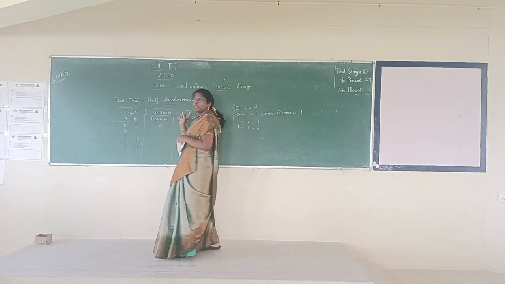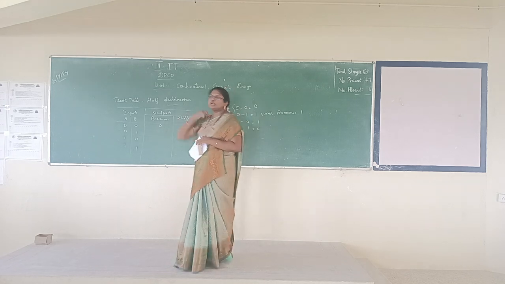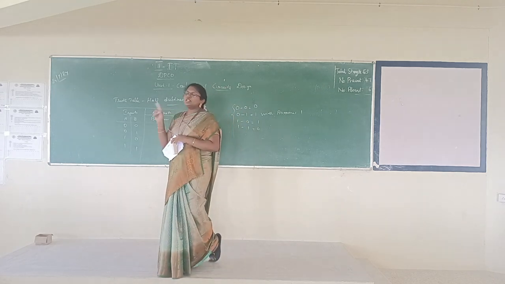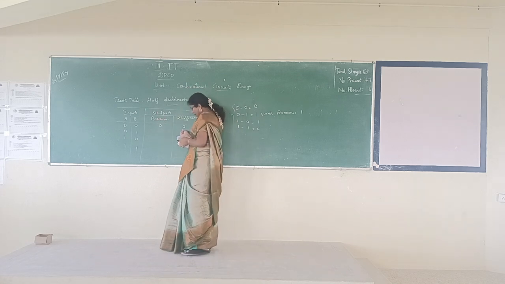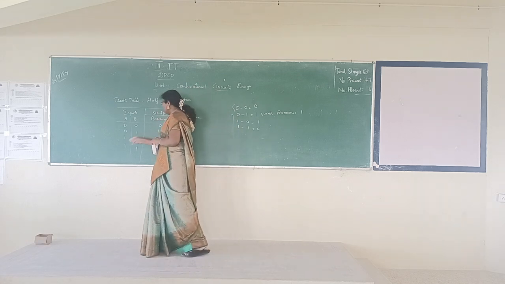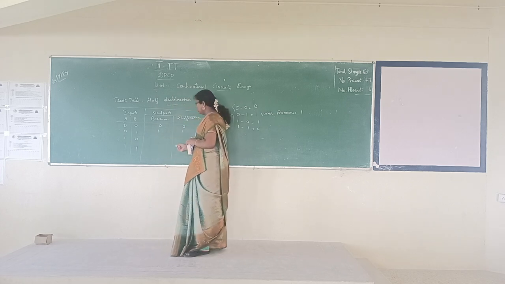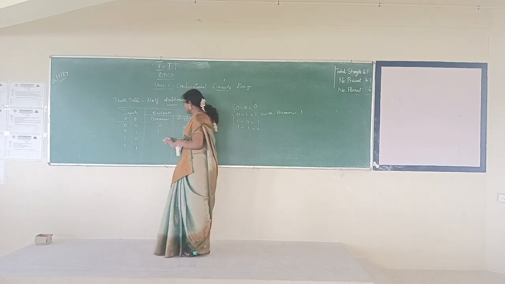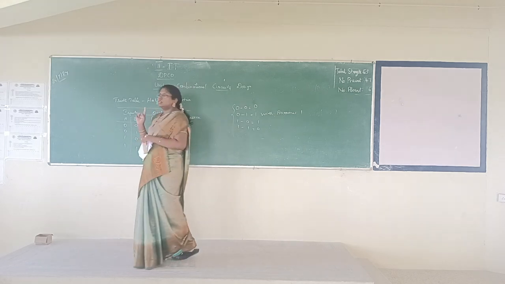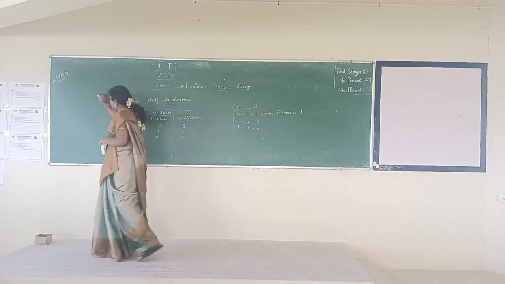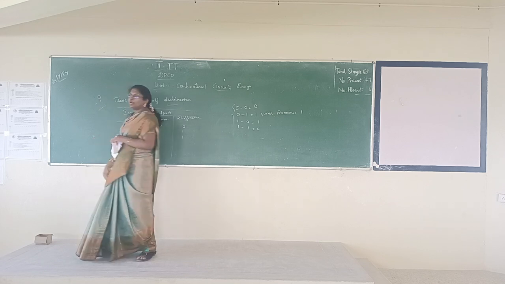See, there is a logic behind this. I'll explain later, you are going to get confused. Keep that in mind. What's 0 minus 1? 1 with borrow 1. What's 1 minus 0? 1. Is there any borrow? No. On this side we have 0 as well as 1, subtracting 1 from 0.